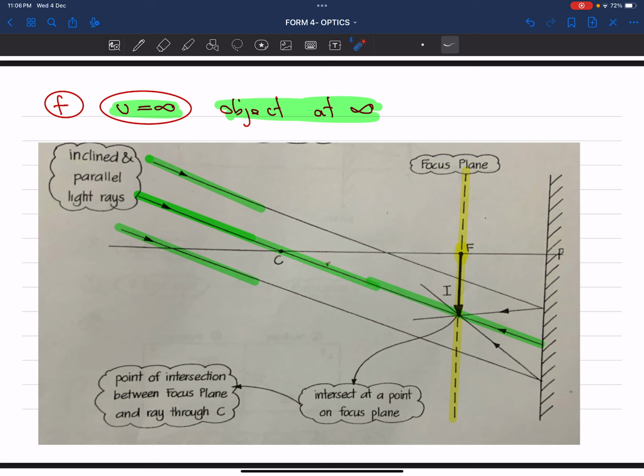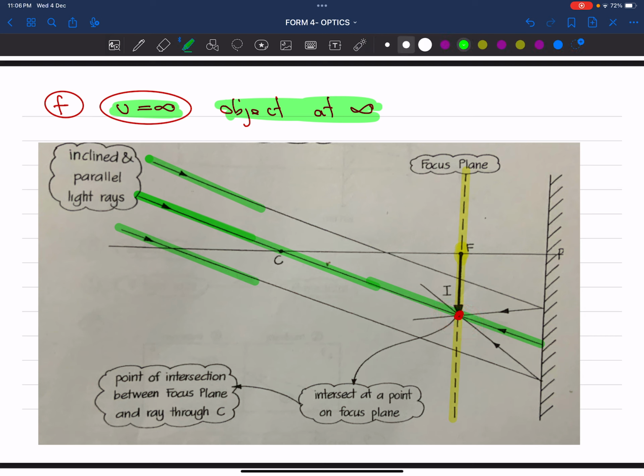And the intersection of this ray going through C and the focal plane, that is where all the other light rays will intersect. So the first thing we should do, you must draw a light ray going through the C right until the mirror. The intersection of this light ray and the focal plane gives you the point where the other light rays will intersect.